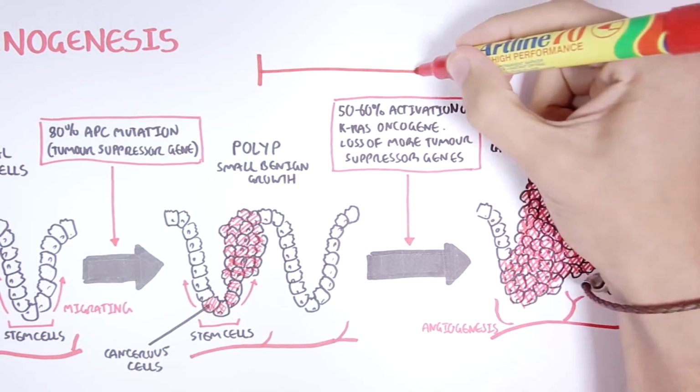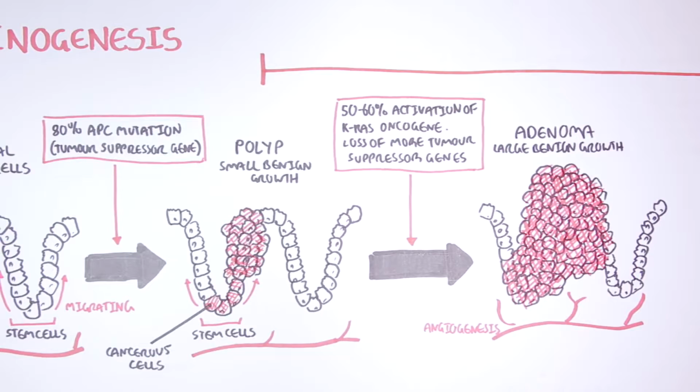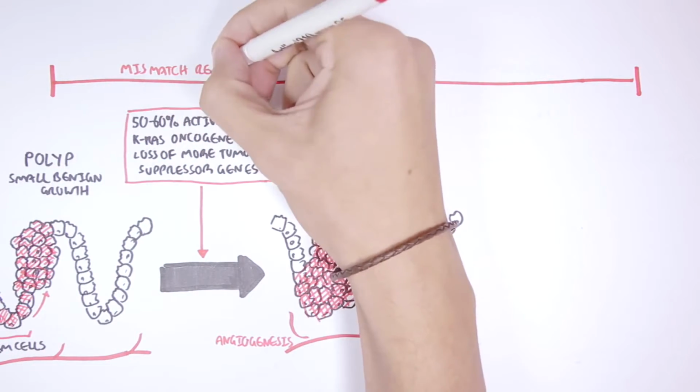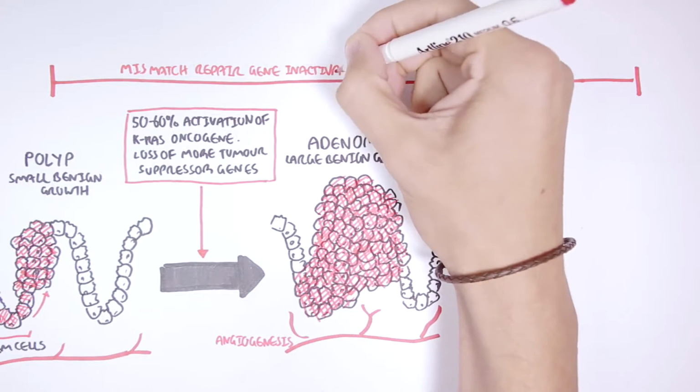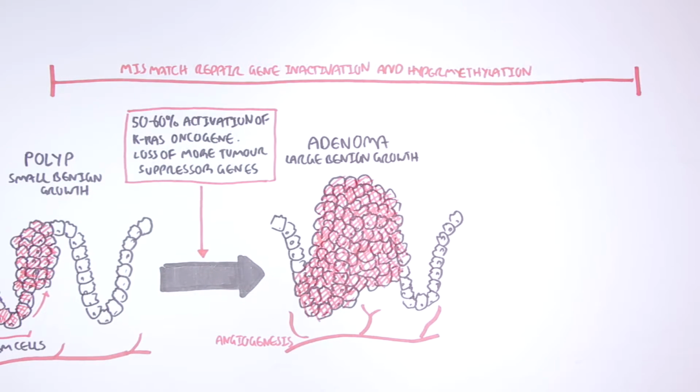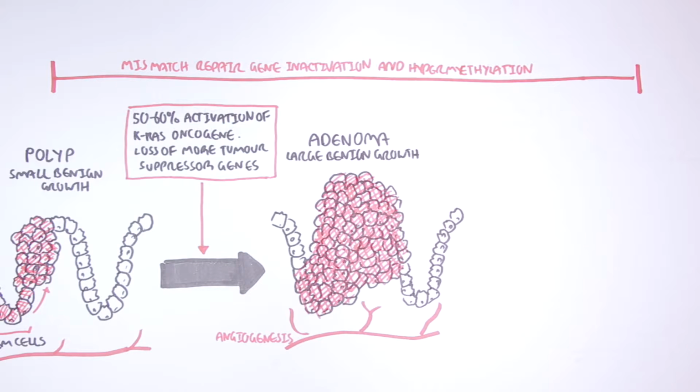It should be noted that from when the potential cancerous cell, the abnormal cells, develop, there can be a mismatch repair gene inactivation as well as hypermethylation occurring on the DNA. The mismatch repair gene normally repairs mutations that occur in the genes.